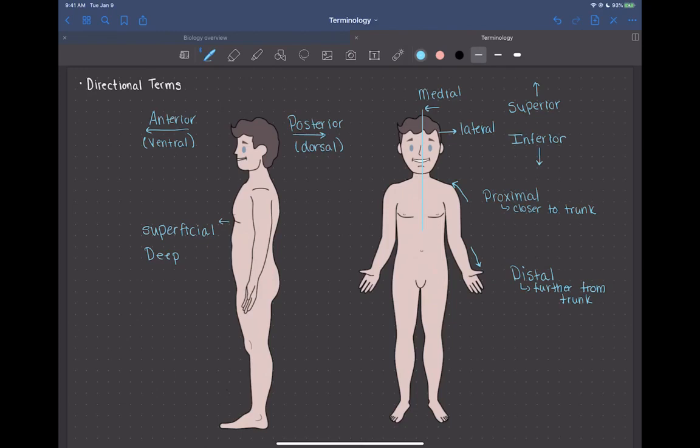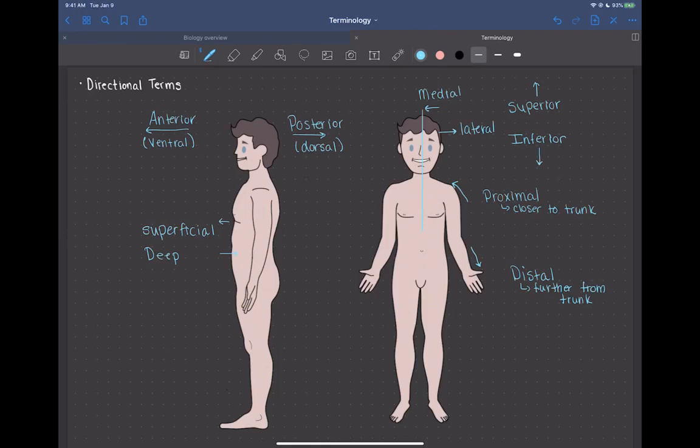And deep means further from the surface. You could say the stomach is deep relative to the skin. That would make sense. So superficial, closer to the surface; deep, further away from the surface.